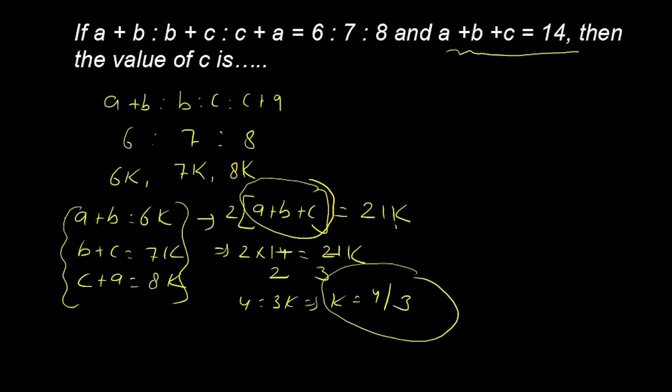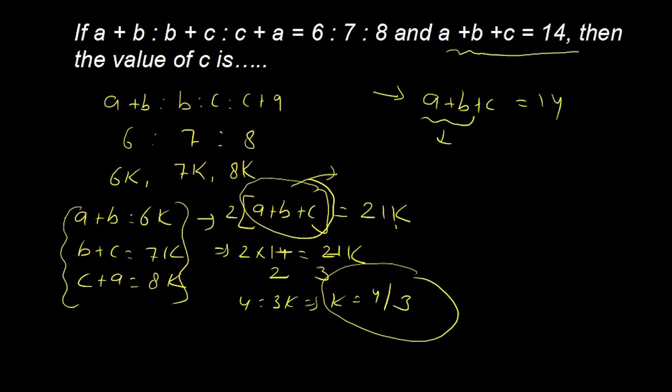Then the value of c. How can we find this out? As we got the value of k, let's put the value in this equation. What is the value of a plus b plus c? This is 14. And what is a plus b?